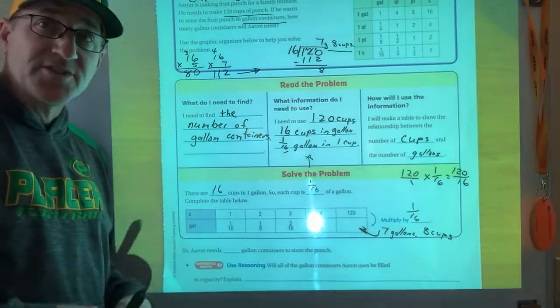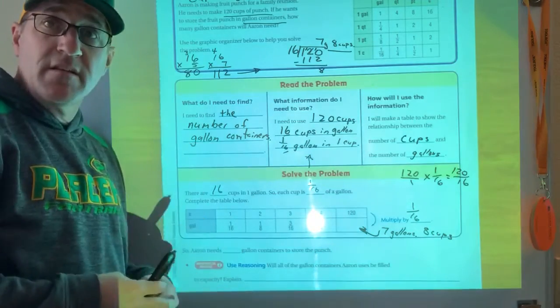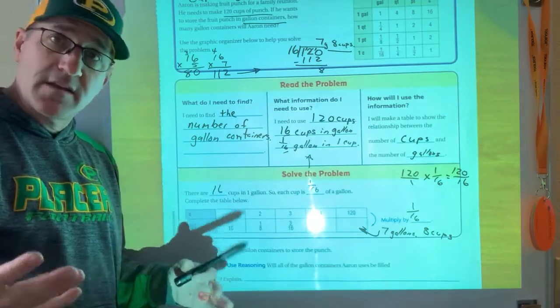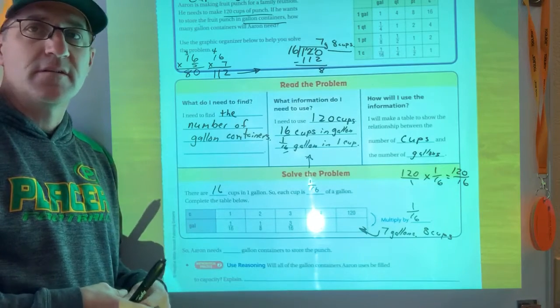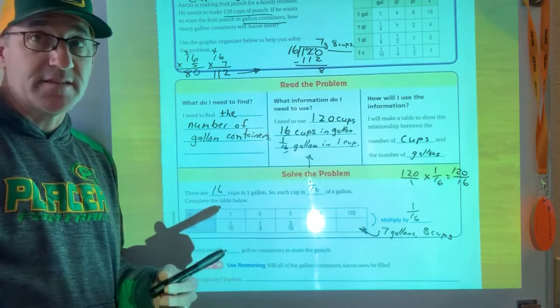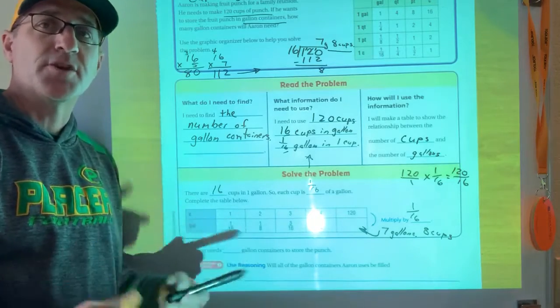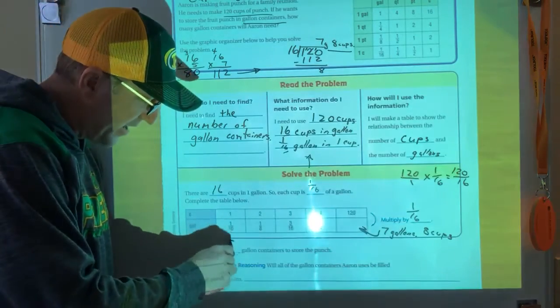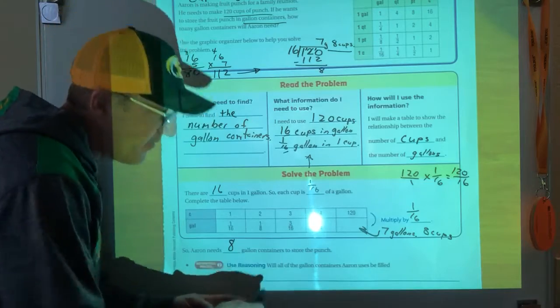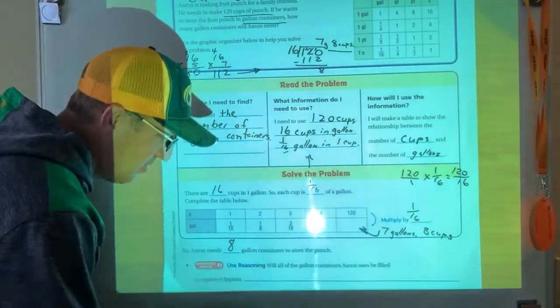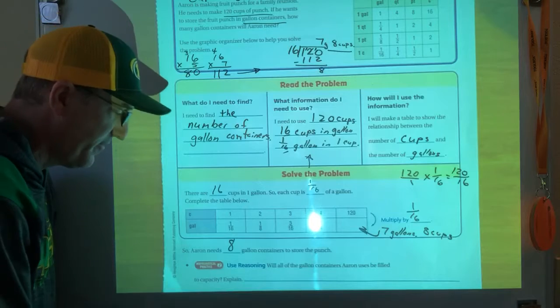So how many containers do we need? Do we need 7 gallon containers? Will that contain all of the juice? It's not going to, right? You've got this little bit left over. What are you going to do? You just grab another gallon container. That's called interpreting the remainder. So we're going to need 8. And the last container is only going to have 8 cups in it. So will all the gallon containers be filled?